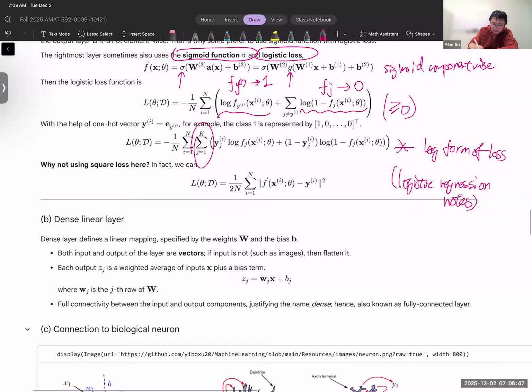So here, this is another way. If you use the quadratic loss, you can do it like this. This is matching the f vector with the one hot vector of y, the bold one.